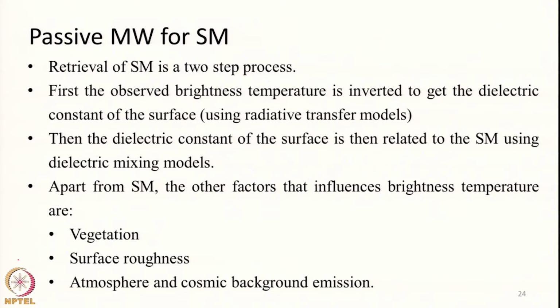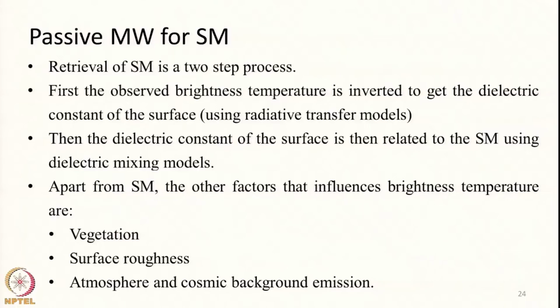The retrieval of soil moisture is a two-step process. First, the brightness temperature observed by passive microwave radiometers has to be inverted to get the dielectric constant of the surface. The dielectric constant is a property of the object which relates to its electrical nature. From TB, scientists retrieve the dielectric constant using radiative transfer models. That is, given the basic land conditions including the dielectric constant, the radiative transfer models simulate what the brightness temperature will be.